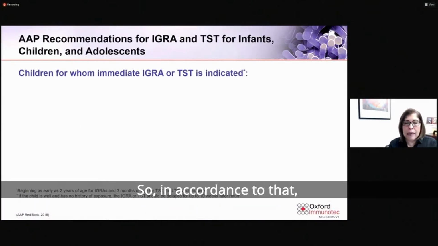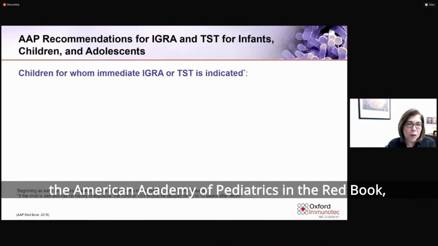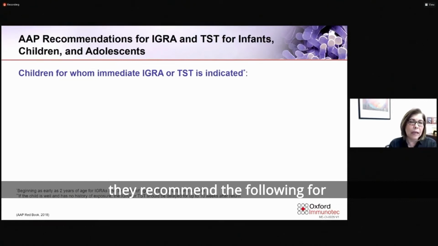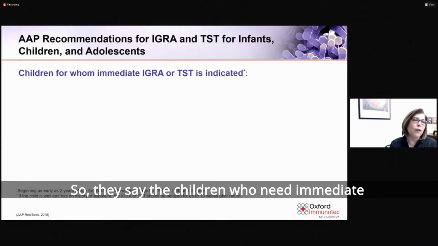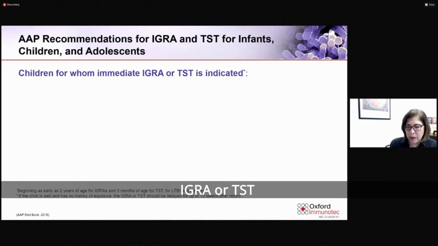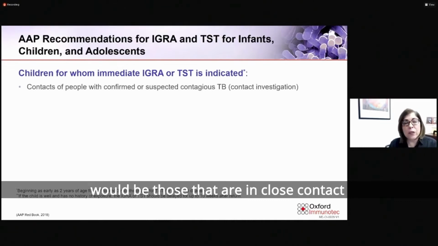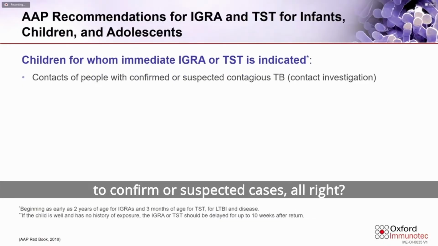So in accordance with that, the American Academy of Pediatrics, in the Red Book, recommends the following for kids to be tested with IGRAs or TST. They say the children who need immediate IGRA or TST would be those that are in close contact with confirmed or suspected cases, right?